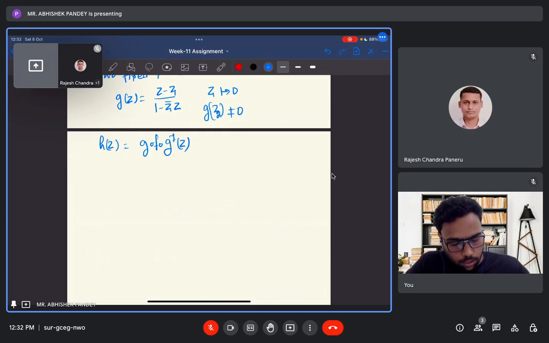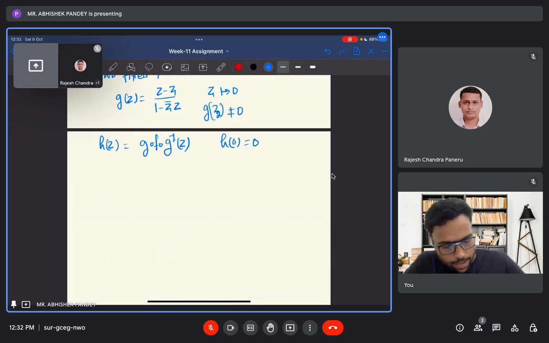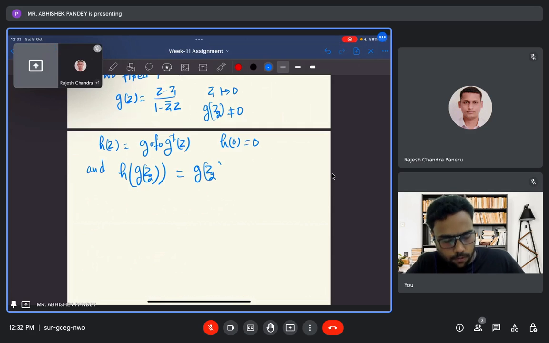You can see h(0) is basically 0, because 0 goes to z1, f fixes z1, and g of z1 is again 0. And h of g(z2) is basically g(z2).